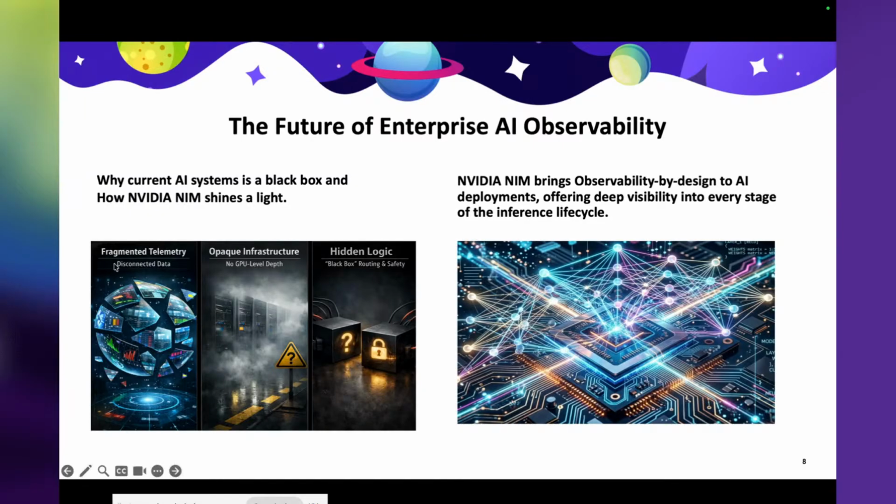Third comes hidden logic. We send a prompt in, we get a response, but we just assume that the routing and the safety checks all worked as expected. But that's not the real picture.